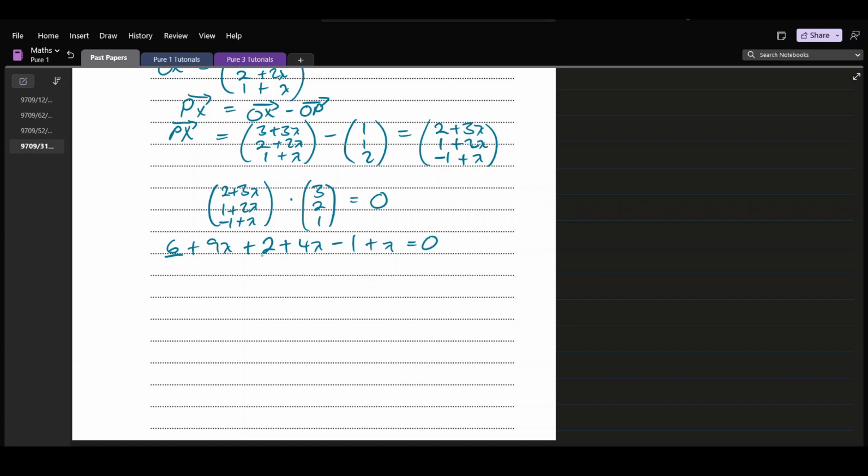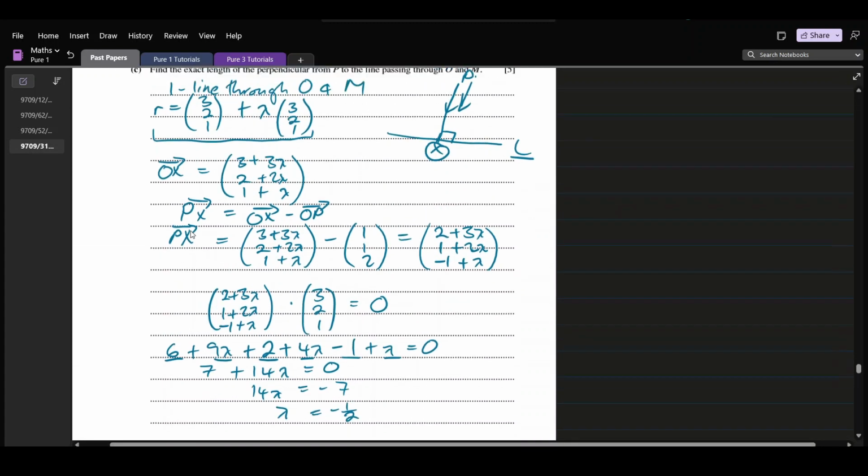Then we have 6 plus 2, that's 8, minus 1, that's 7. And then 9 plus 4, 13, plus 1, that's 14. So this is plus 14 lambda equal to 0. So 14 lambda is equal to negative 7, and then lambda is equal to negative 1 over 2.